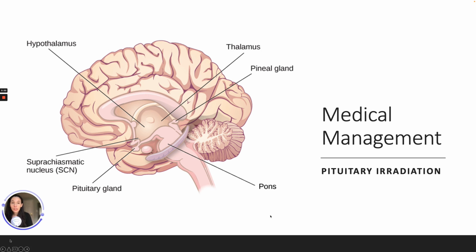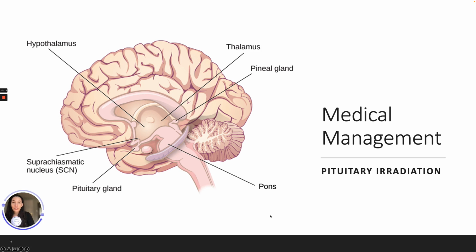Patients with pituitary-dependent Cushing syndrome with adrenal hyperplasia and severe Cushing symptoms such as psychosis, poorly controlled diabetes, osteoporosis, and severe pathological fractures may require pituitary irradiation.